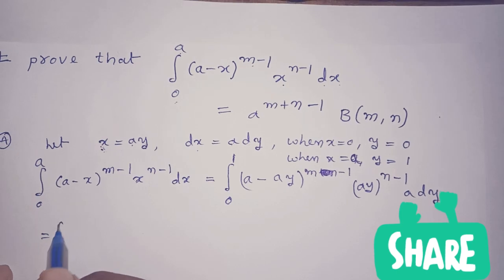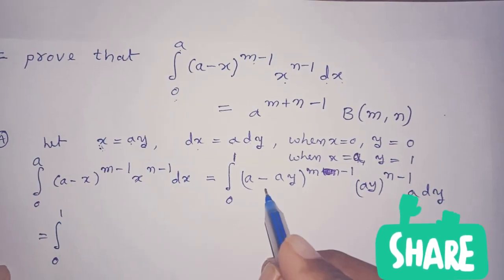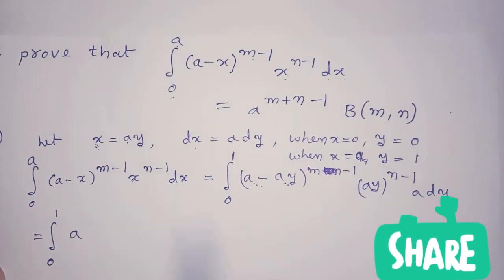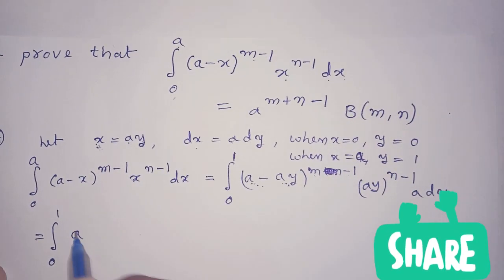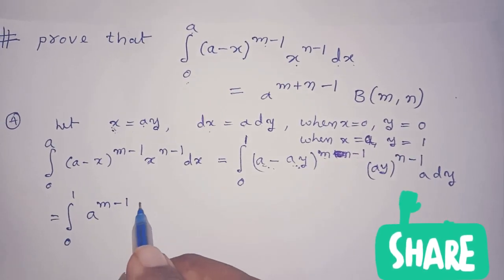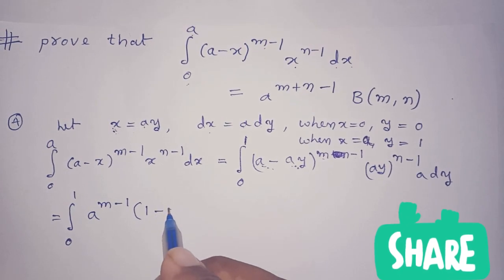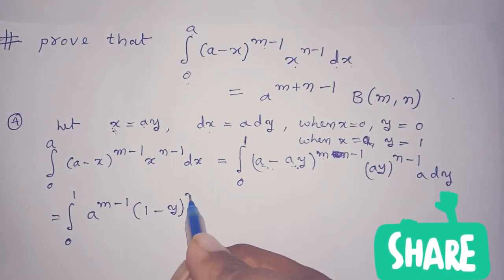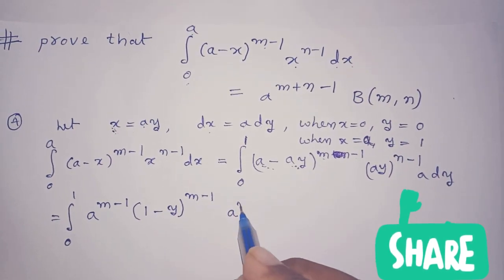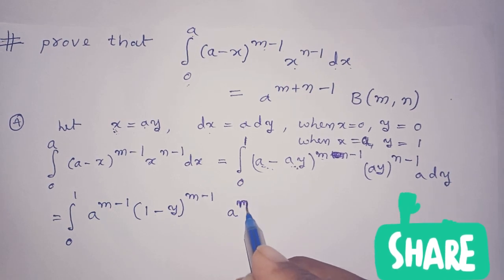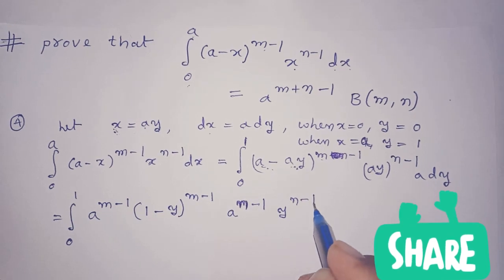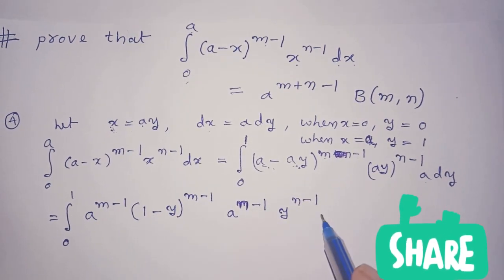Here a is common, therefore a to the power of m minus 1, a to the power of m minus 1 minus y to the power of m minus 1. Here a to the power of n minus 1, y to the power of n minus 1, a dy.